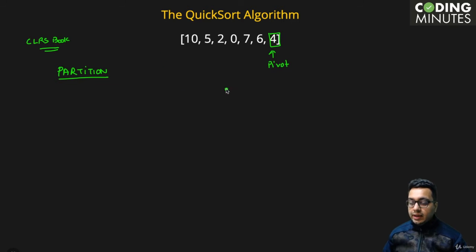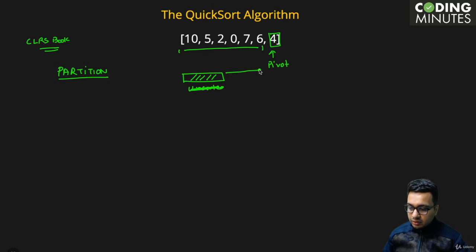The idea here is you have to divide this unsorted array into two parts. The entire array is unsorted, but let us say we are dividing it into two parts. The first part contains all the elements which are less than the pivot, and the next part contains all the elements which are greater than the pivot.